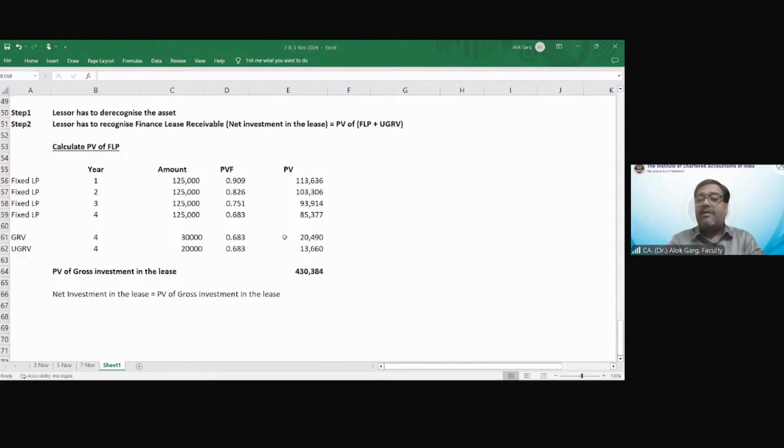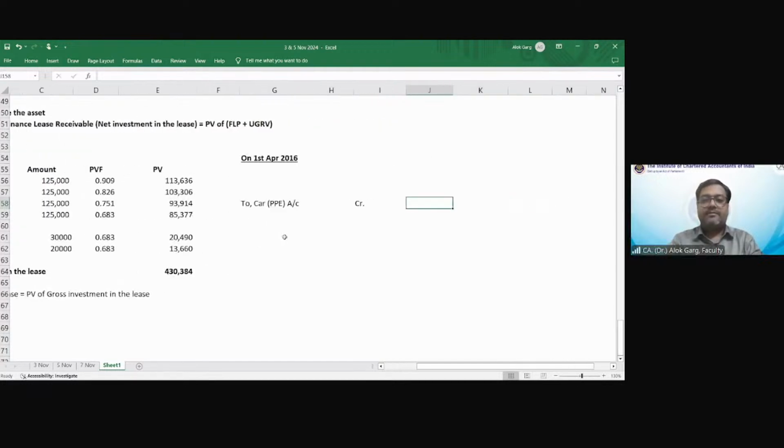So what accounting entry will I pass on 1st April 2016? क्या accounting entry मैं pass करूंगा? I need to de-recognize the asset. I will make an accounting entry to car PPE account credit.